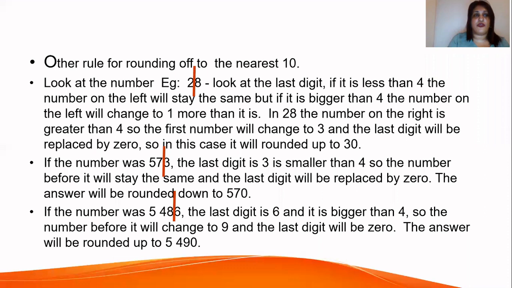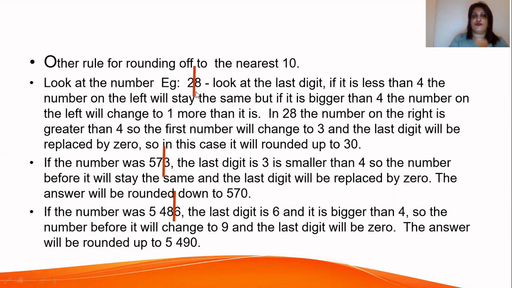Now we can look at another way of rounding to the nearest 10, where we use our place value. Remember in lesson 1, we did the place value of numbers. Now when we're rounding off to the nearest tens, we focus on the number in the tens column. So for example, again, 28. In our tens column, we've got 2. You look at the last digit.